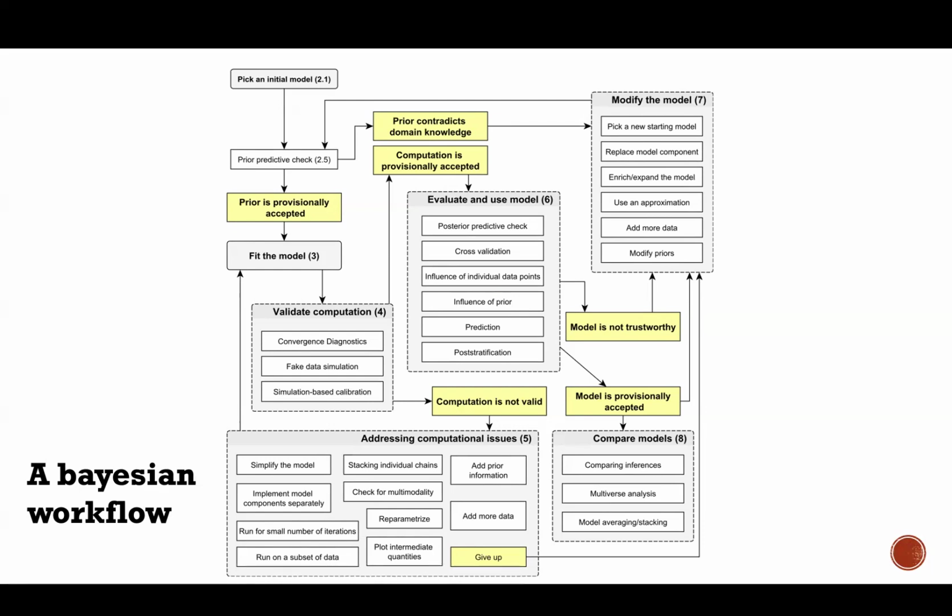If they contradict, you have a bunch of ways of modifying the models, and then you go back. If the prior seems okay, you fit the model, you do a lot of diagnostics. If this is not valid, you address this issue. If it's valid, you go on and evaluate and use the model.